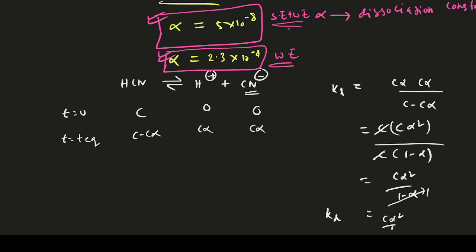Whenever you add the strong electrolyte, it decreases to 5 into 10 raised to minus 8. That much depression in dissociation has happened when you add the strong electrolyte.